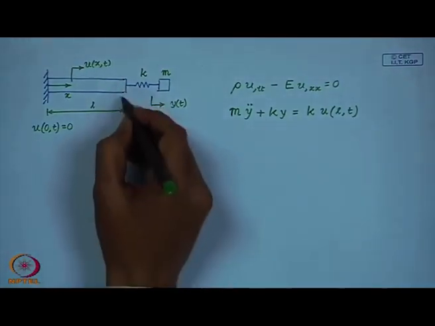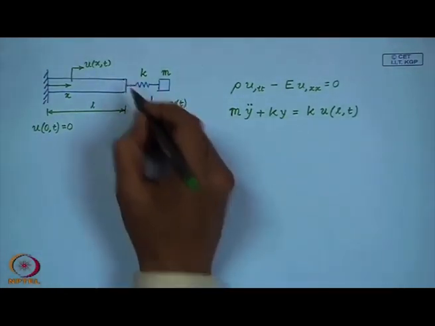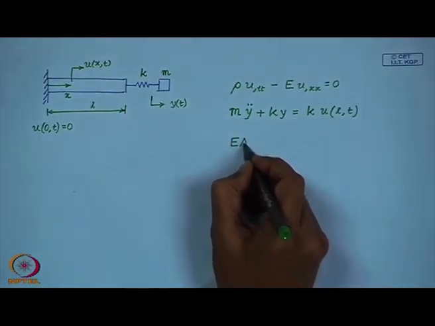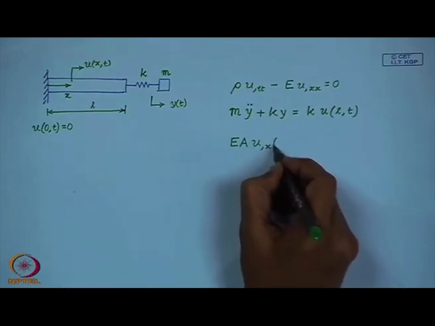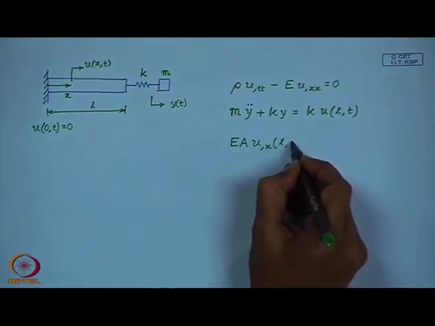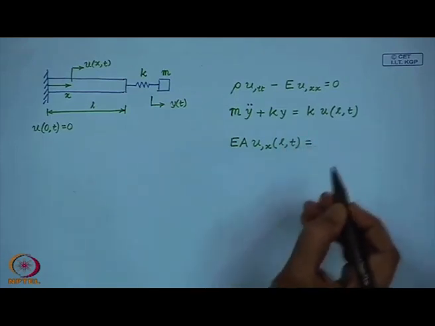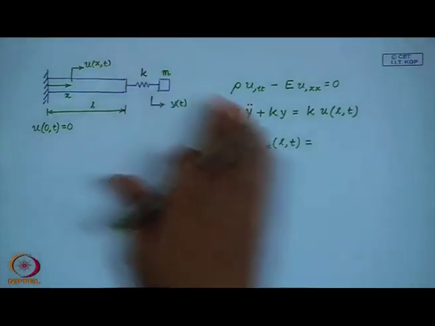We have already written the force on any cross section as E times area del u del x at x equal to L at time t. So, that is the force. Had there been no oscillator, it would have been 0.